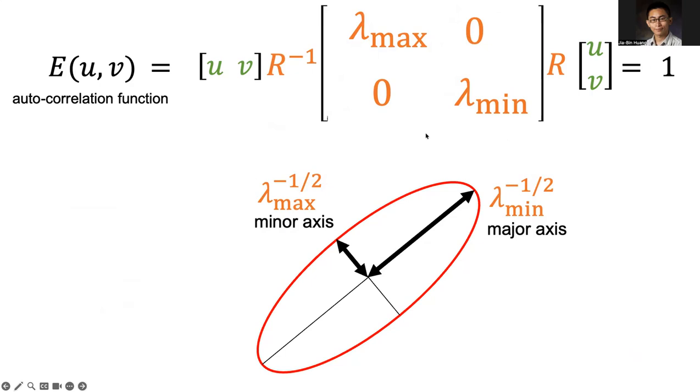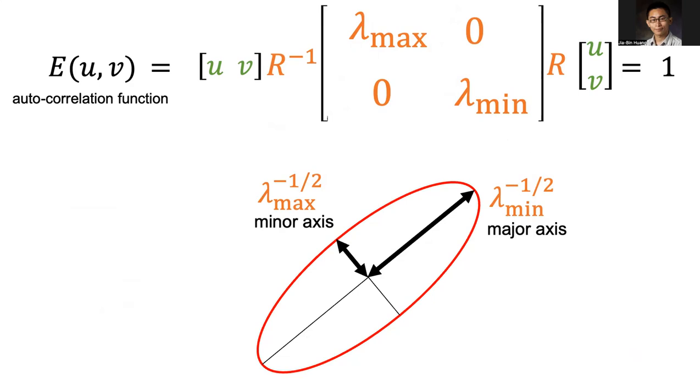Okay, and again, this one is the minor axis, and this is the major axis. Okay, so what does it mean to have a corner? What I want to get is that the major axis is the one that has the slow changes. Okay, the particular direction that will have the slowest changes.